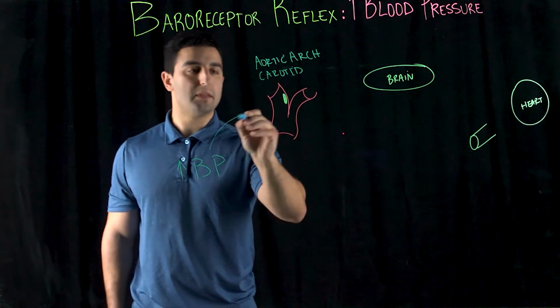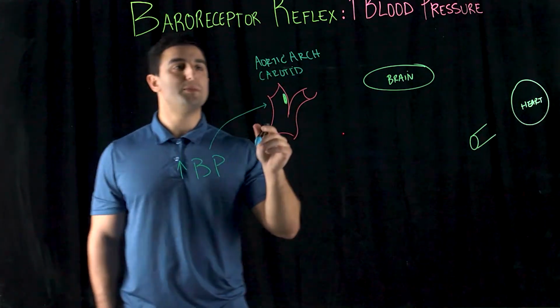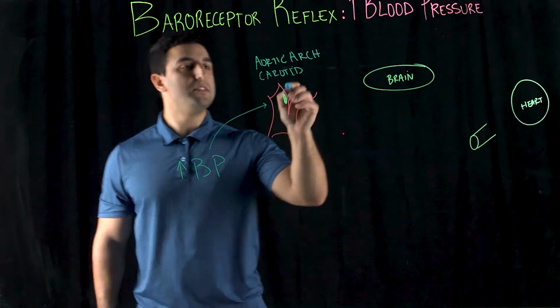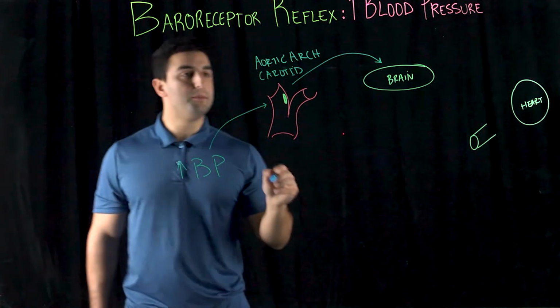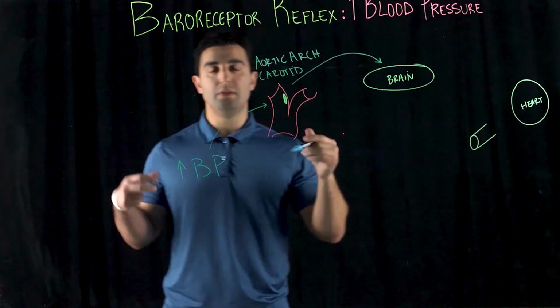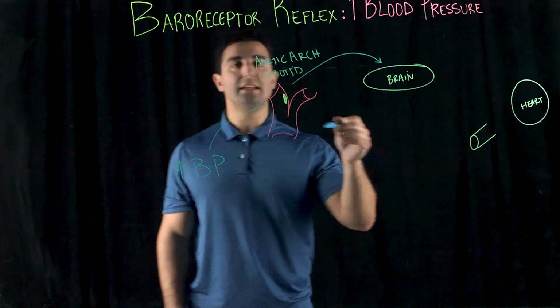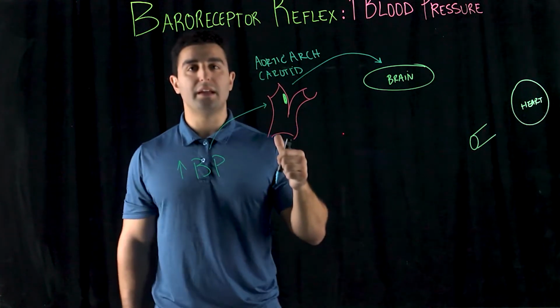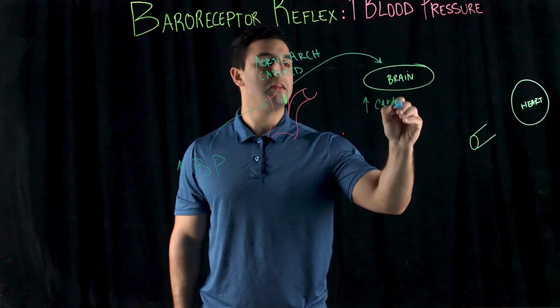So during an instance of high blood pressure, the baroreceptors become stimulated. And so this sends a response to the brain. So the brain, the higher learning center, responds by causing an increase in cardiac inhibitory. So increase in cardiac inhibitory.